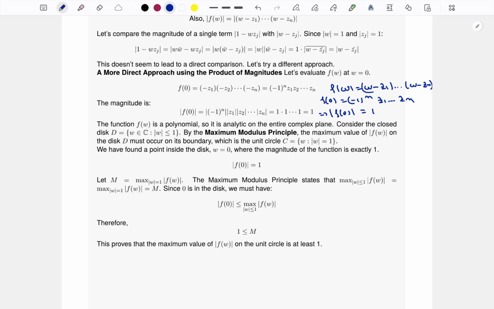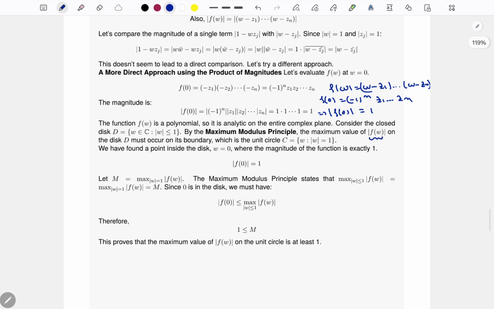Why is it so? Observe the following. Since f(w) is a polynomial, it's analytic on the entire complex plane. Now consider the closed disk D. By the maximum modulus principle, the maximum value of the modulus of f(w) is attained on the boundary of the closed disk D, that is on the unit circle. And we see that the modulus of f(0) is 1.